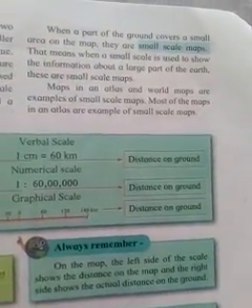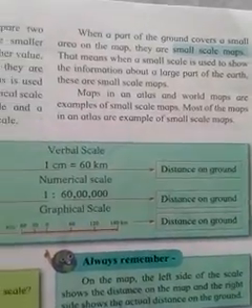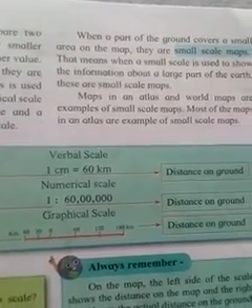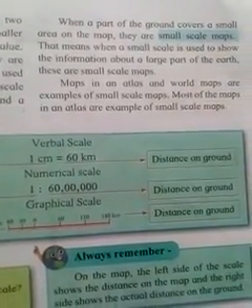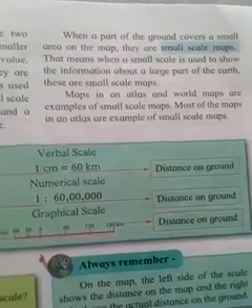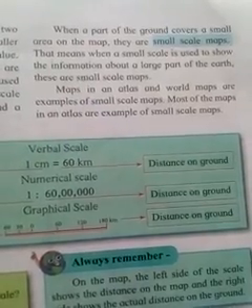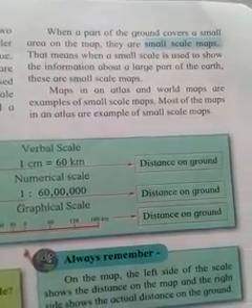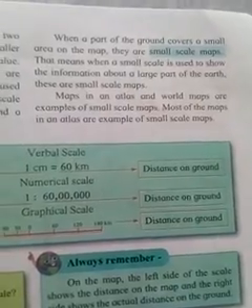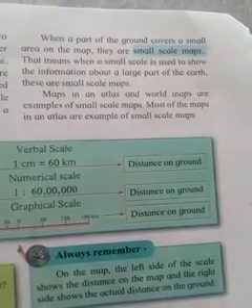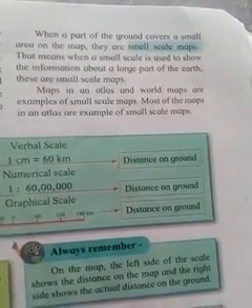When one part of the ground covers a small area on the map, it is called a small scale map. A small scale map shows information about a larger part of the earth.